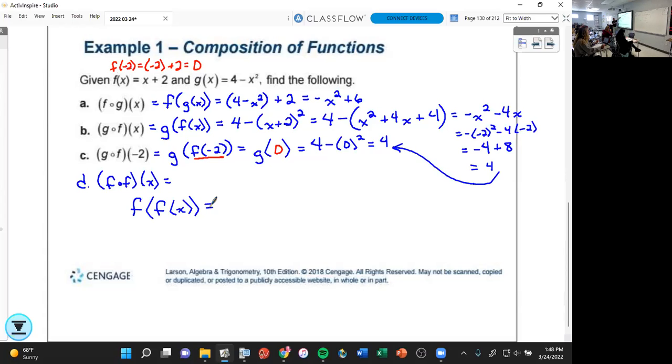So here's f of x. There's an x. What am I going to replace this x with? x plus 2, plus 2. Are those parentheses necessary? No. They're there because we use them to plug stuff in, and then we can evaluate whether they're needed or not. x plus 4, and we're done.